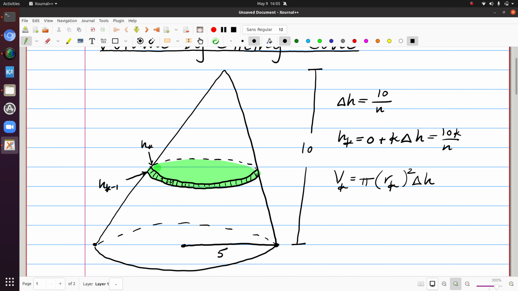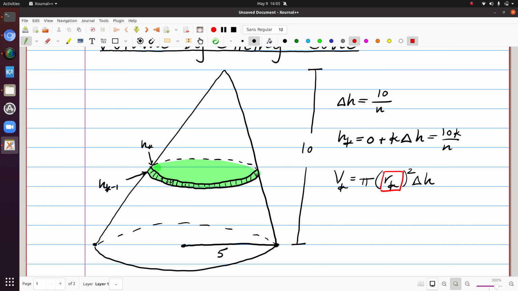And that means that the volume of each slice is certainly not constant. Again, that makes sense when we look at the picture. And that means that we need to figure out a way to replace r_k with its relationship to h_k. I don't want to write my integral and end up needing to integrate r against h and not have an idea of how r is dependent on h.